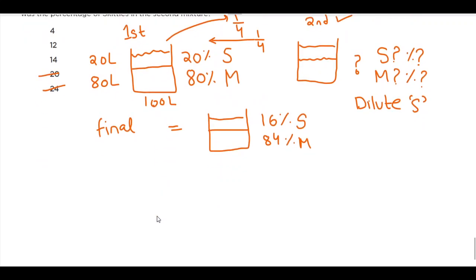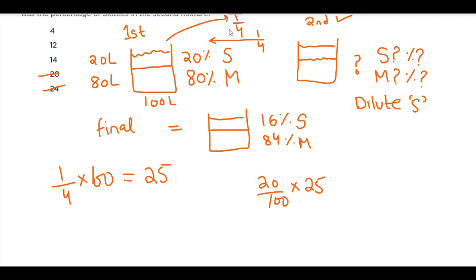So what is 1/4 of 100? Well, this is going to be, I believe, 25, right? Because you need 4 25s to add up to 100. And since out of this 25, 20% is S, let's take 20% of 25, which is basically the 1/4 which we took out.